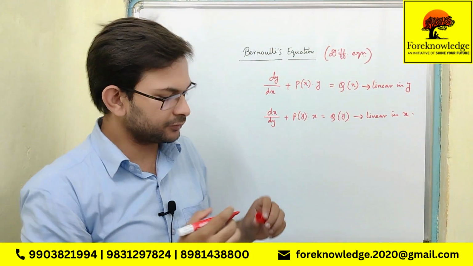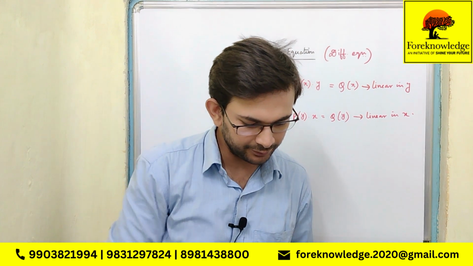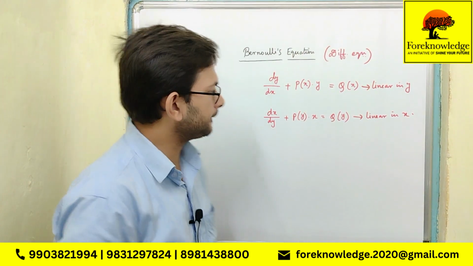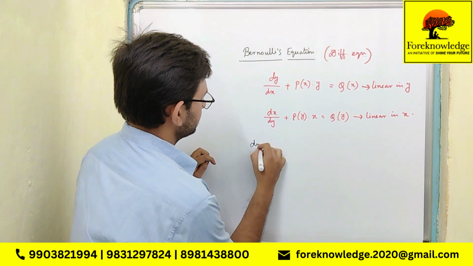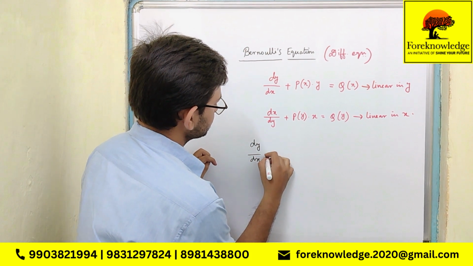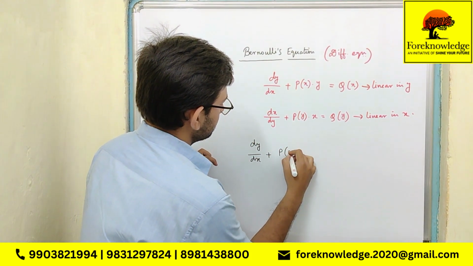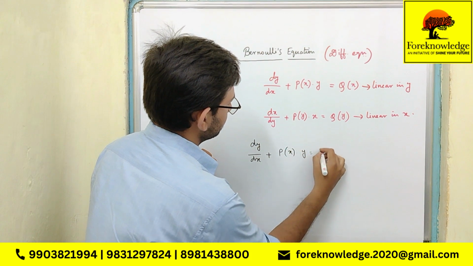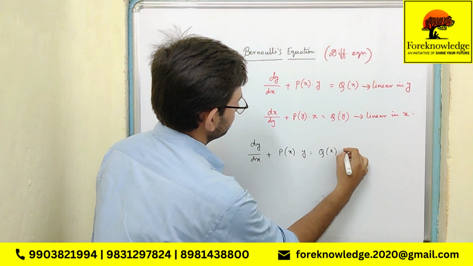Now Bernoulli's equation looks like dy/dx plus p(x) into y equal to q(x) into y to the power n.